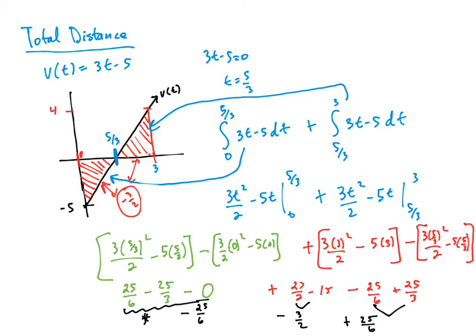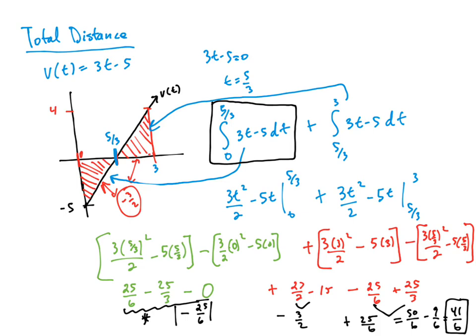Now what we need to remember is that this first integral corresponds to this negative area, but because we're talking about distance, we want to give that the absolute value at the end. So this will be positive 25/6 minus 3/2 plus 25/6. So that's 50 over 6 minus 9/6, which is equal to 41 over 6. So that is the total distance traveled by this particle.